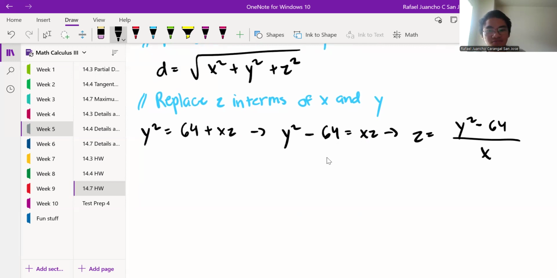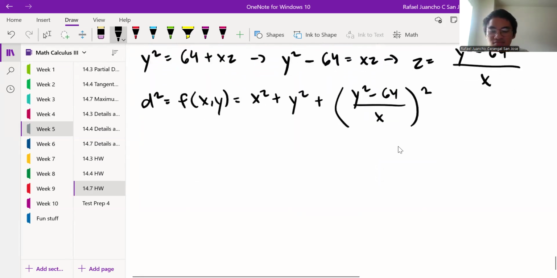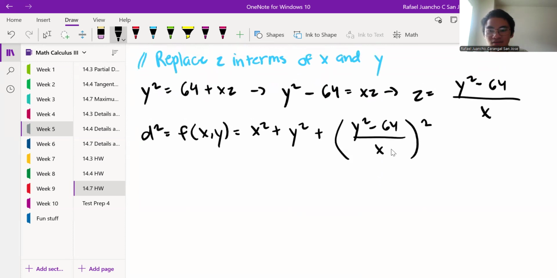And then from there, I'll plug it in. So I got d squared is that function f of xy. This is x squared plus y squared plus z squared. So I think this was y squared minus 64 over x, squared. Okay, can we make this simpler?